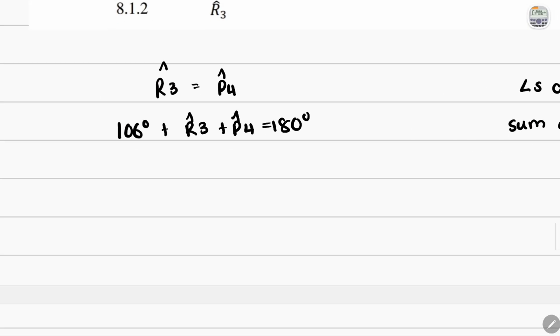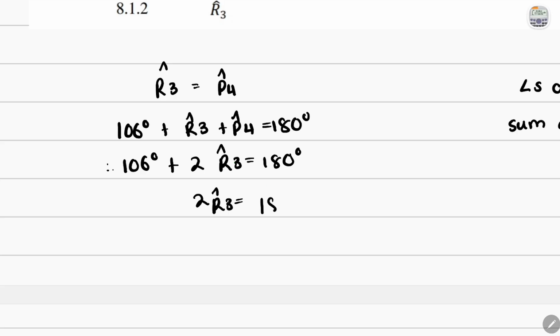And then we can go ahead and add. Okay, so in place of angle P4, we'll just replace this with angle R3 since they're equal, because we're just trying to make angle R3 the subject. So this is going to be angle R3 plus angle R3, which makes 2 angle R3 equal to 180 degrees minus 106 degrees.